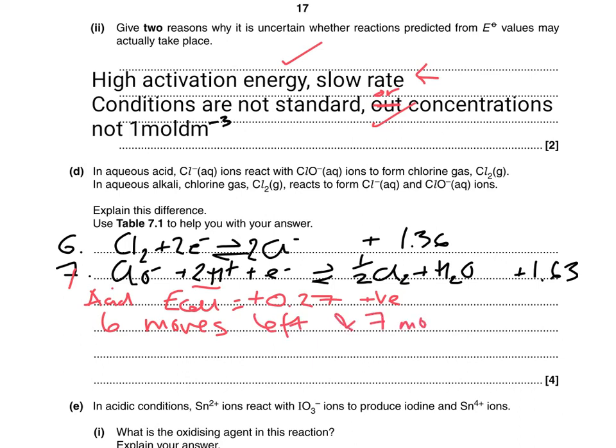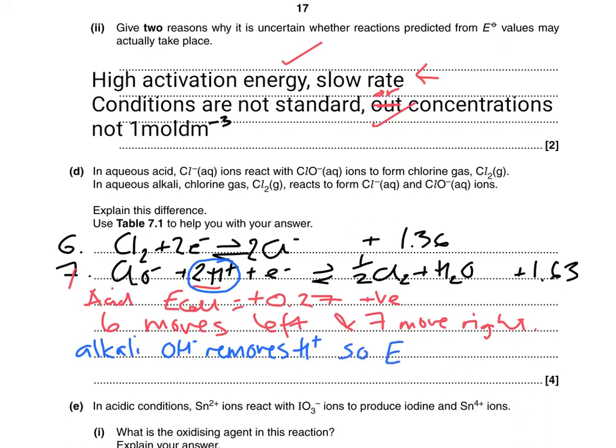And 7 moves right. Okay. Now, in an alkali, what we are doing is reacting OH minus with the H plus, so it removes H plus.